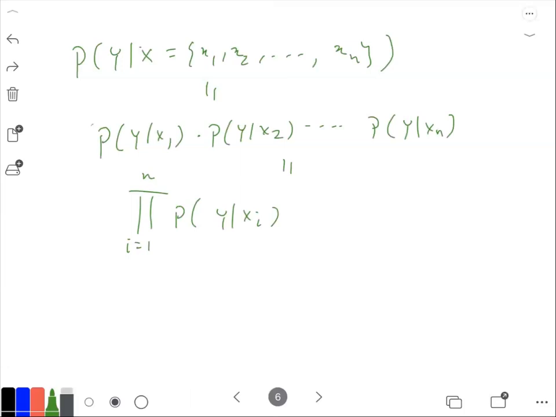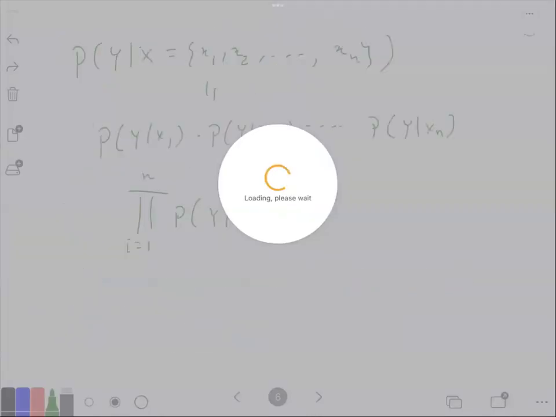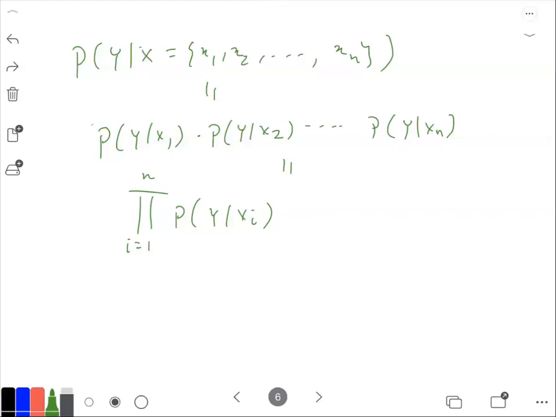Instead of searching 50 million rows to find a hit, basically all we do is search one of the x's and then our y, and then the other, and then the y, and then we multiply them all together, and it's a little bit more convenient for us. So instead of this, we use this. So that's the fundamentals of the naive Bayes model.